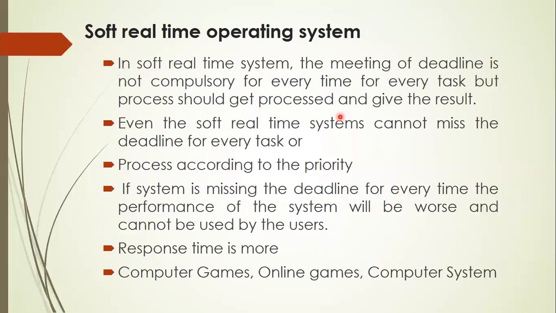You have some set of 10, 11, 15 tasks, and if for 1 or 2 tasks you don't satisfy the deadline, nothing serious will happen. But this is the opposite in a hard real-time operating system, because every task has a deadline. For 1 or 2 tasks, it's okay.